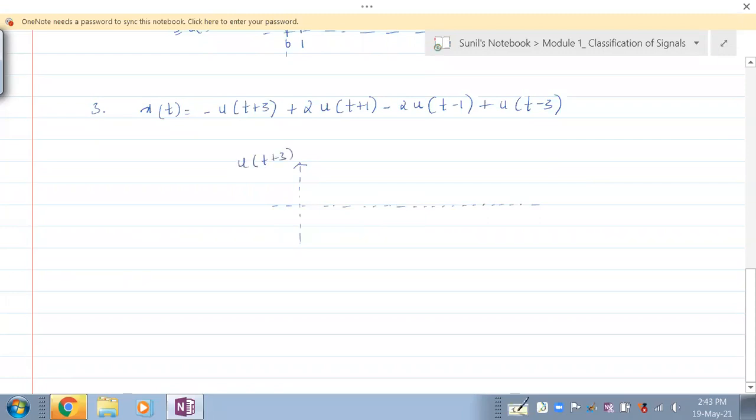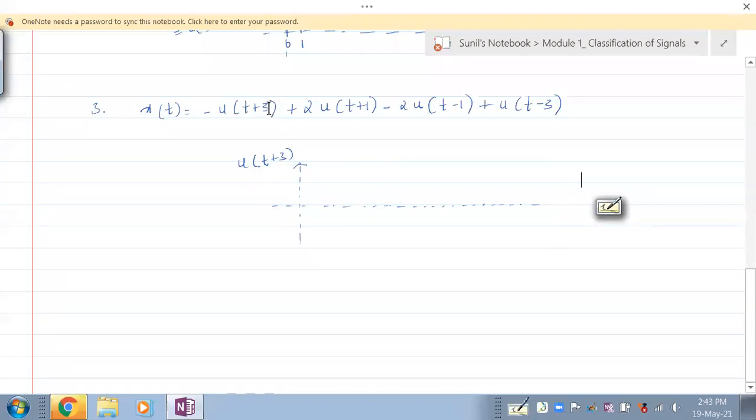So I know what u of t is. Anybody, can you tell me what is u of t plus 3? What operation are you performing on u of t if it is u of t plus 3? Shifting, scaling, amplitude scaling. What are we doing? We are time shifting it. So u of t is time shifted, to the right or to the left?